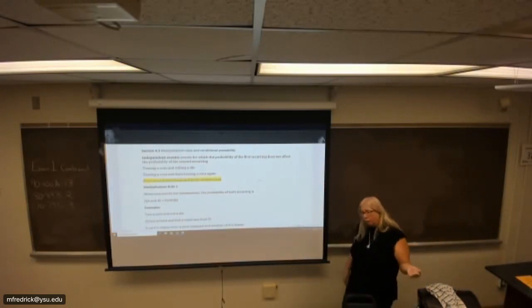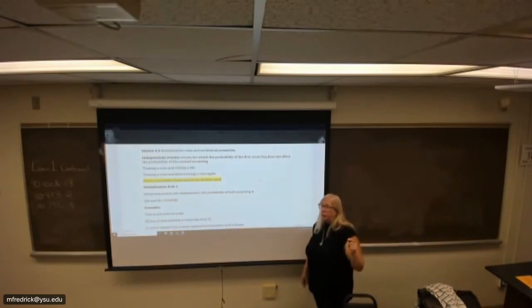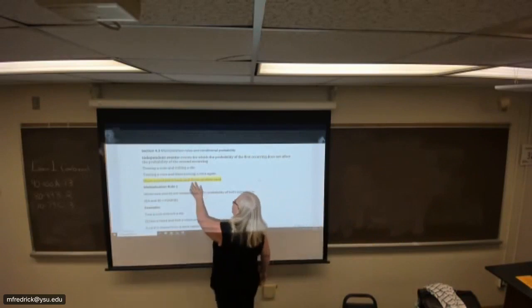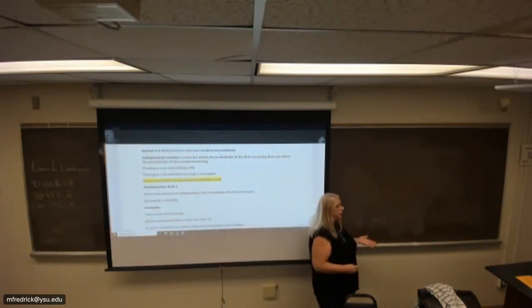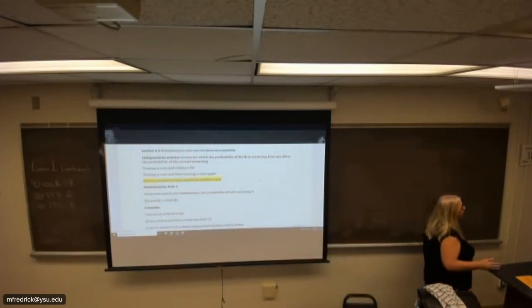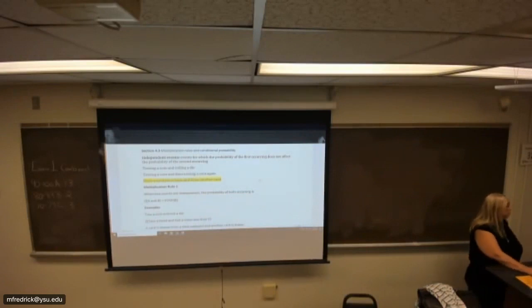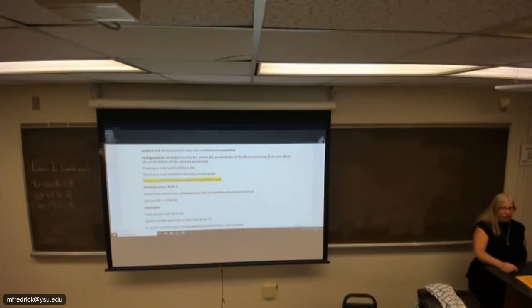When we draw a card, if we don't put it back, now you've changed the probability because there's not as many cards. So as long as we're putting it back, then it's still an independent event. So you want to think of those things when you're doing the probabilities, because if it changes that probability, you need to take that into account. But in this case, it's still independent because we're putting it back in.